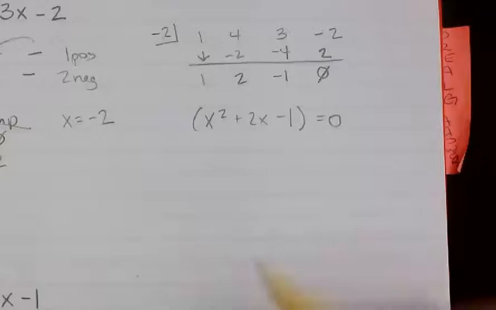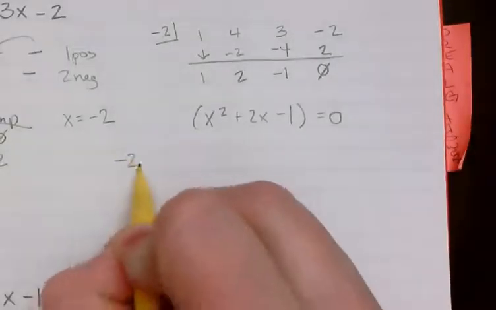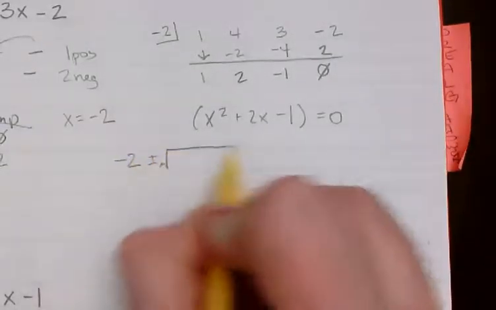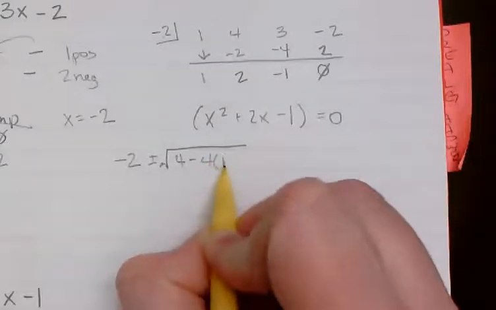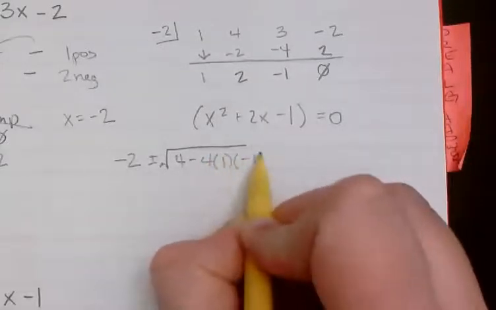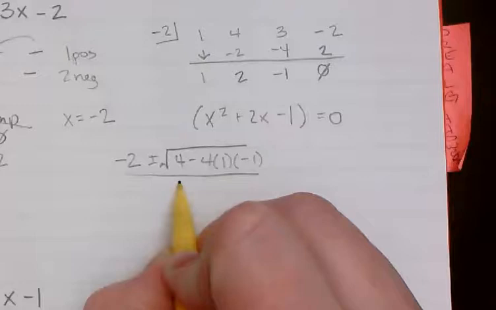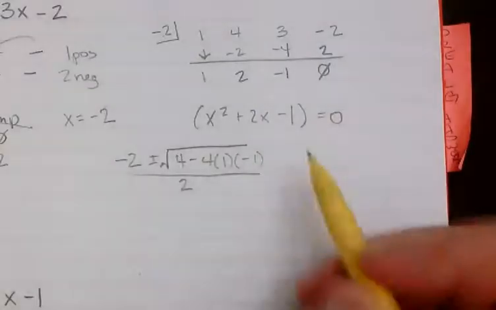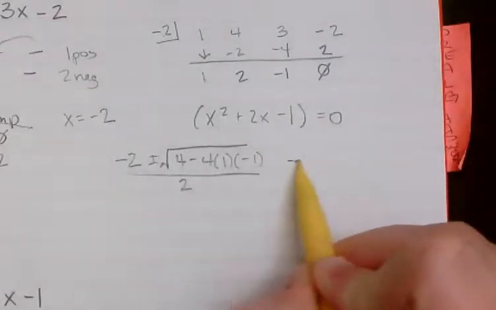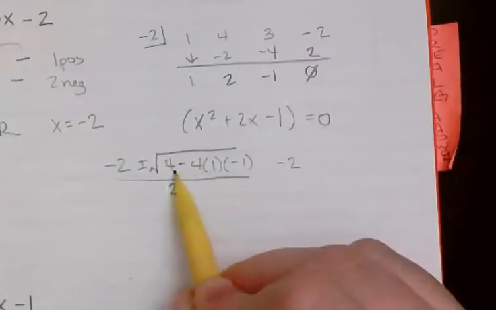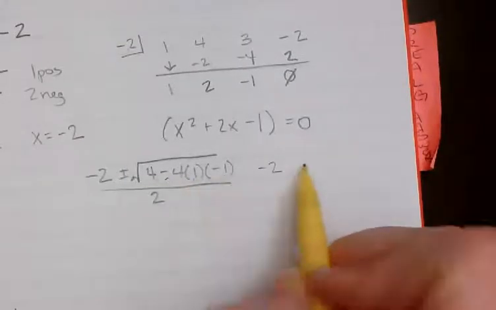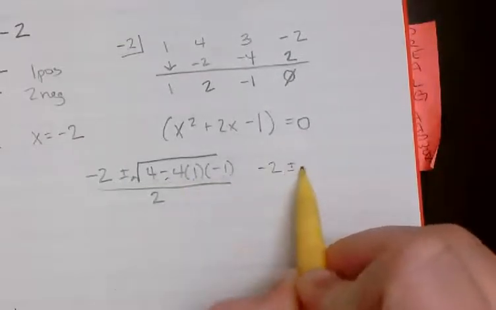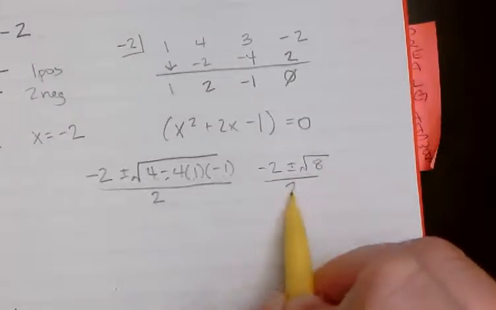The quadratic formula is -b plus or minus the square root of b squared minus 4 times a times c, all divided by 2 times a, which is 1. So I'm going to have -2 plus or minus the square root of 4 minus 4 times 1 times -1, which is 8, divided by 2.